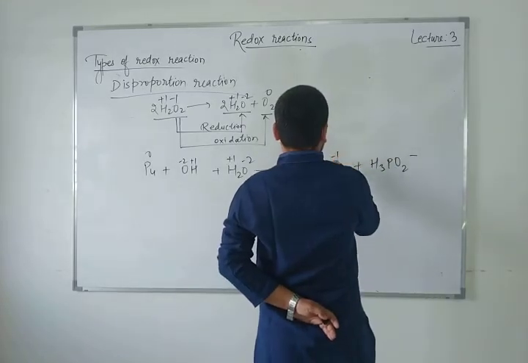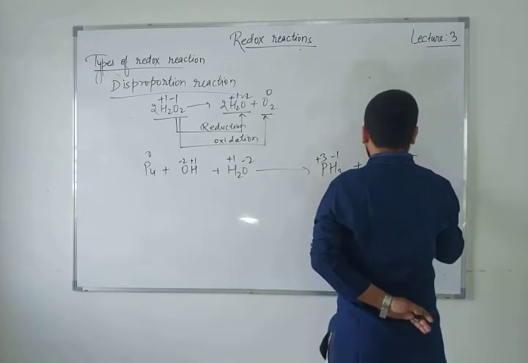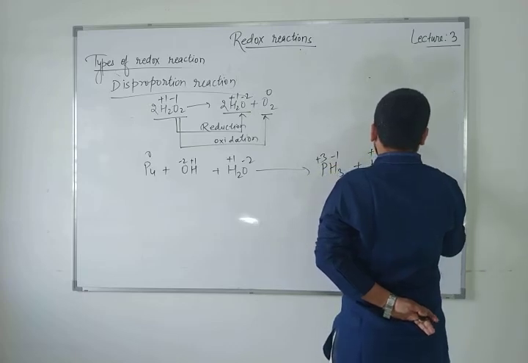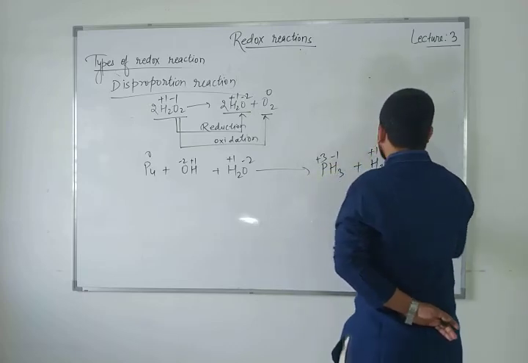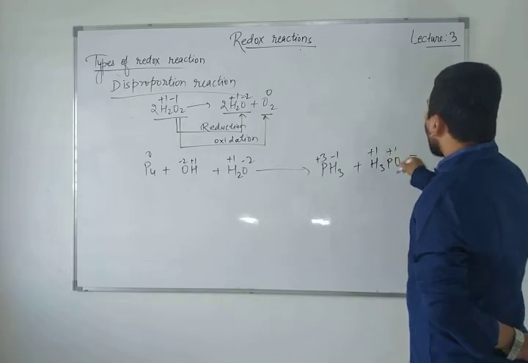Hydrogen is minus 1 and phosphorus plus 3 in phosphine. Let's find the oxidation state of phosphorus in the product.